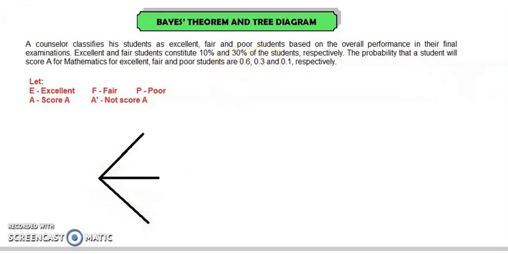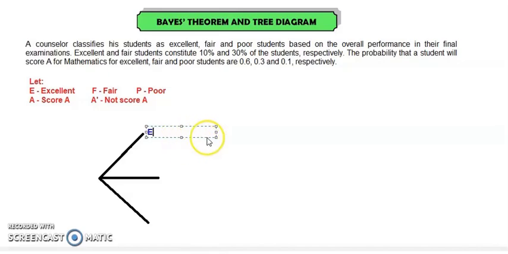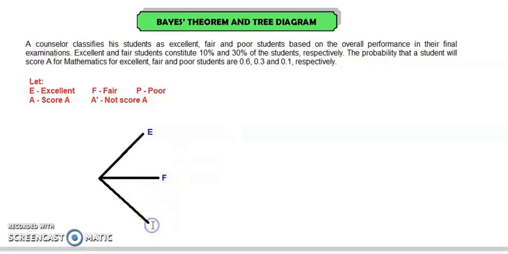Then you put labels. So here is for excellent, here is fair, and then the last one is for poor.